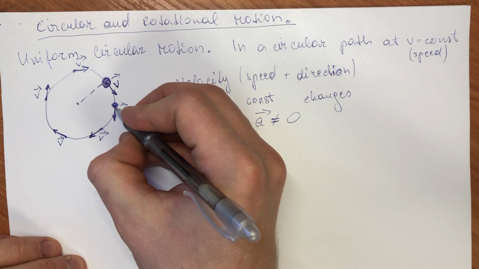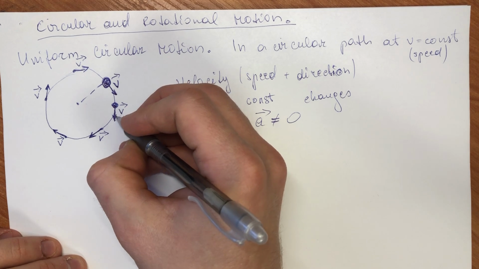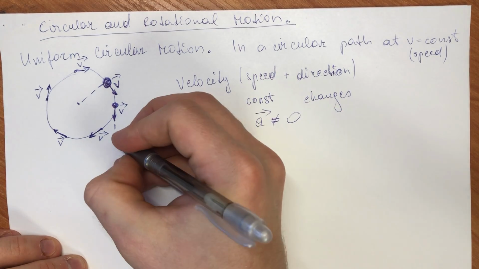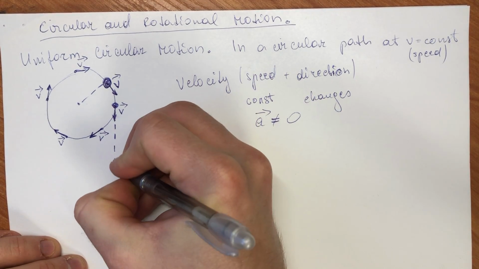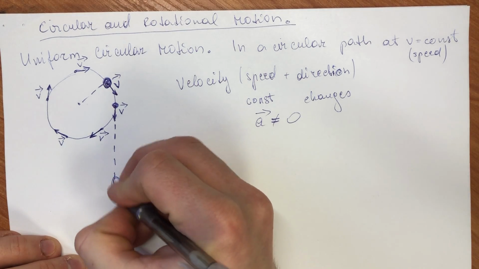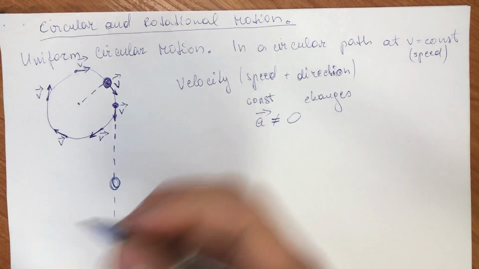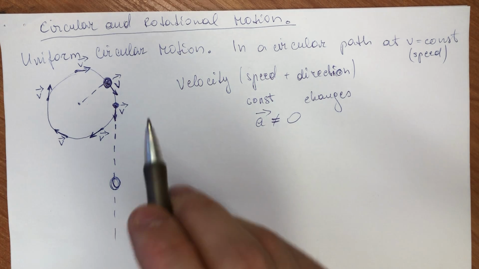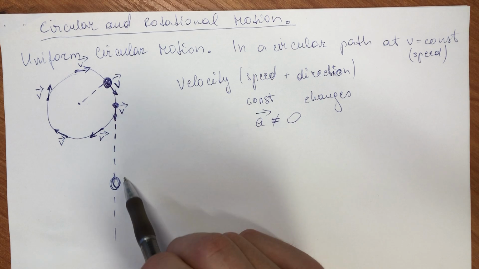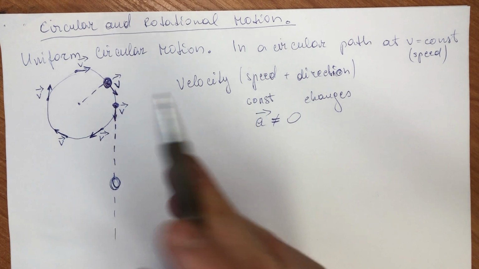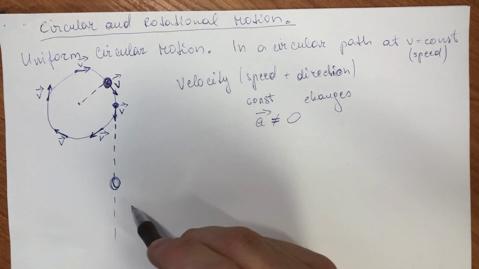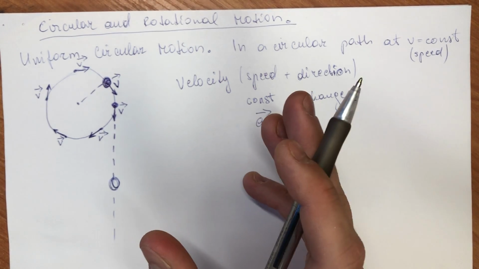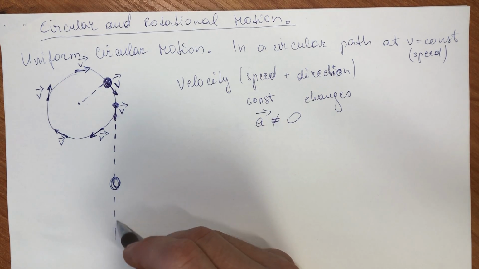If the string breaks, the stone would move at a constant speed in what direction? The direction would be a straight line, so it would move in this direction. There would be no force and no acceleration. If there is no force, it means there is no acceleration. So the object moves with a constant velocity, that means at a constant speed in a straight line.